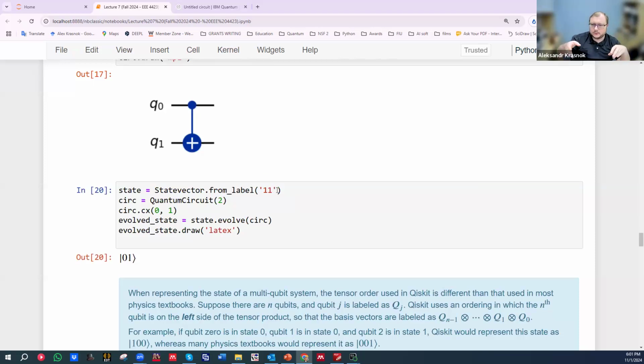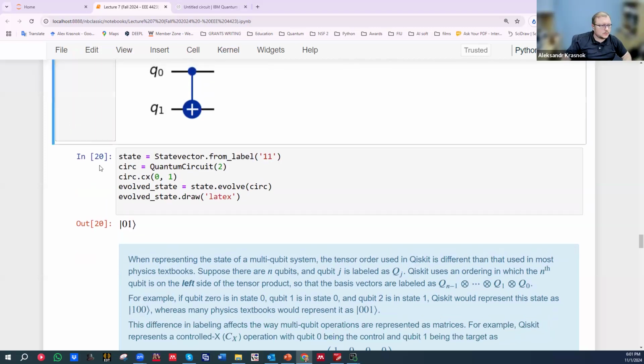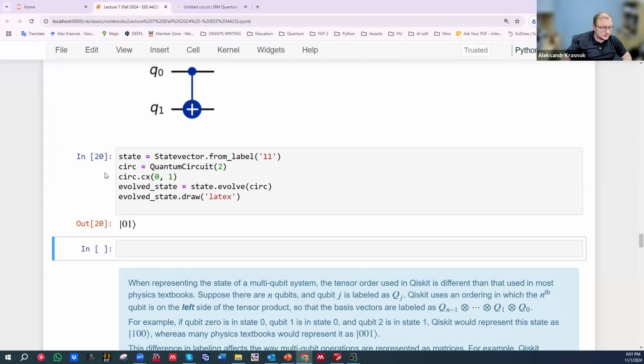Okay, and as you add more qubits to your system, usually it runs from left to right, right? So this is my first qubit, second qubit, third qubit, fourth qubit, and so on. But in Qiskit it is from right to left. So it's my first qubit, then my second, third, fourth, and so on.